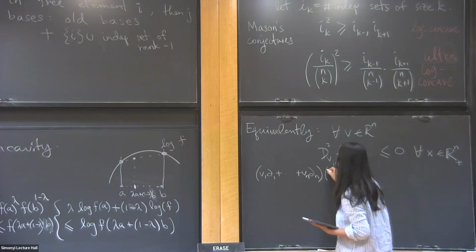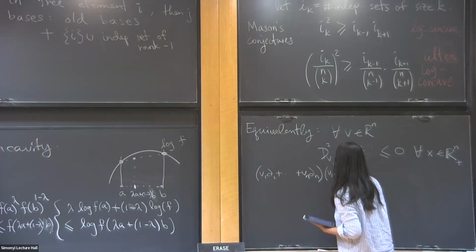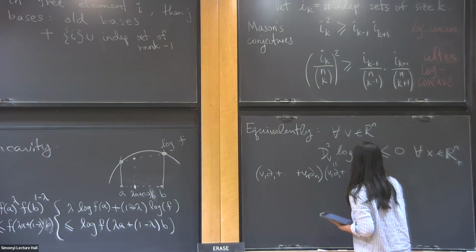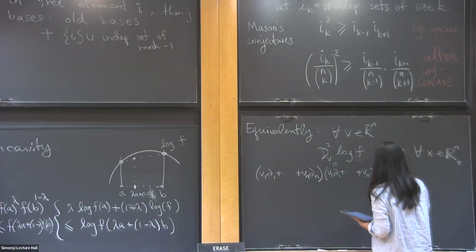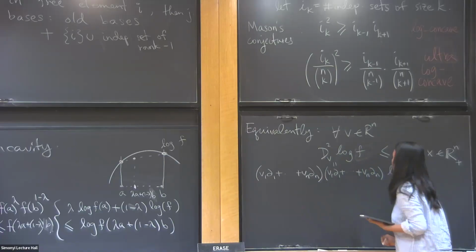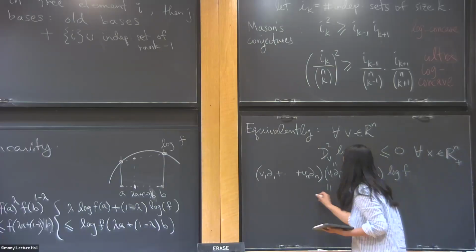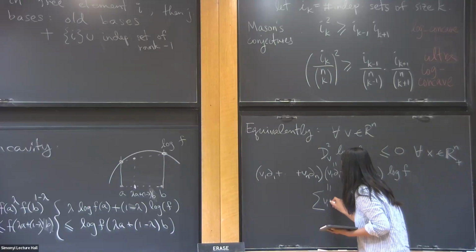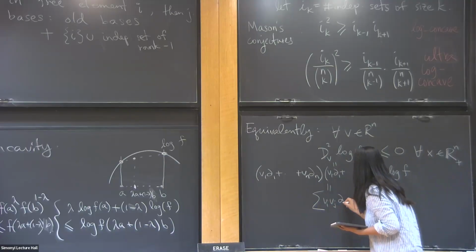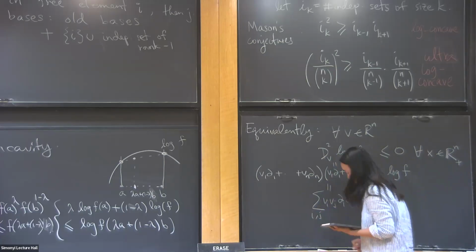So I am doing the directional derivative 2 times of log f. And if I multiply out, it's going to be the sum over i, j of V_i V_j partial i partial j of log f.